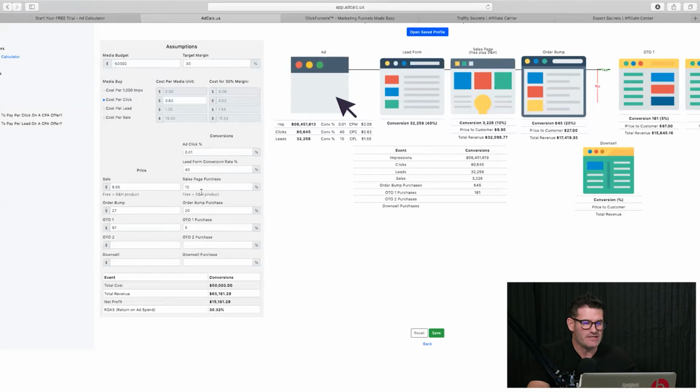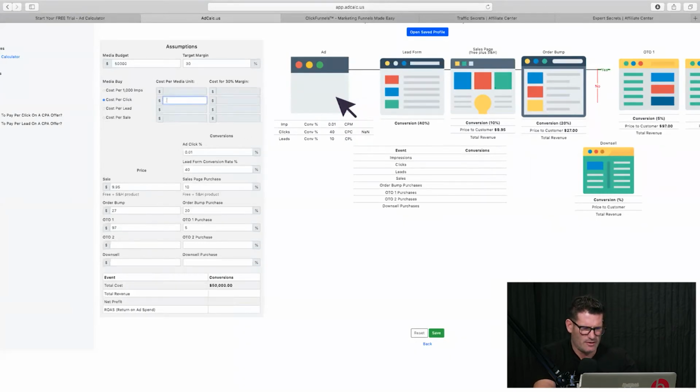So if you look at this here, you would have gotten 80,645 clicks to your lead page. Before, when we were paying $1, you're getting 50,000 clicks to your lead page.